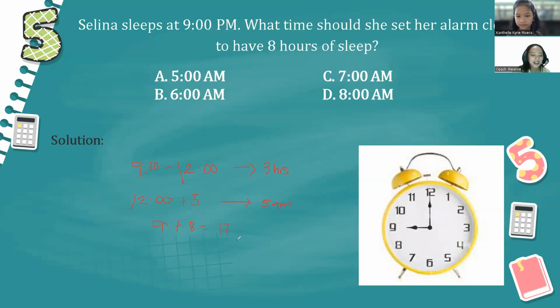The clock has only 12 numbers, so we subtract 17 by 12. And now we have 5. So that means that Selena will set her alarm clock at 5 a.m. to have 8 hours of sleep. Okay, did you get it? So let's go to the next number.